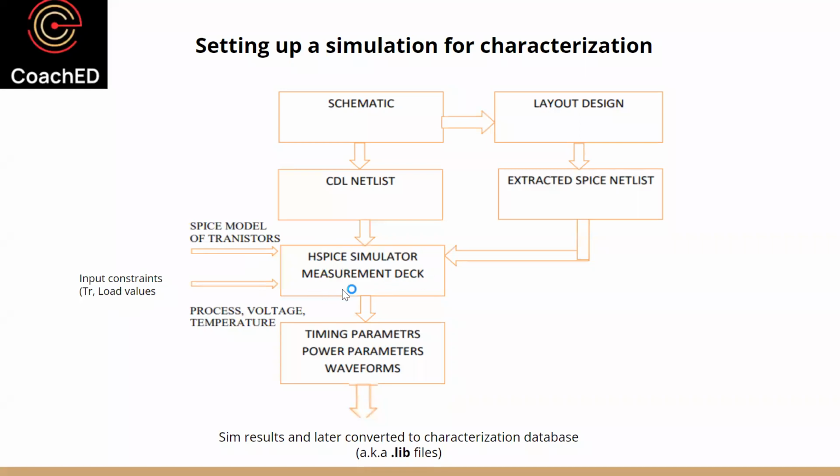And in the simulation setup, there is something called a measurement deck. You are describing what you're going to measure: delay, transition, power, current, or whatever. And then you are describing the operating condition, which I'll come and talk about, called PVT: process, voltage, and temperature.